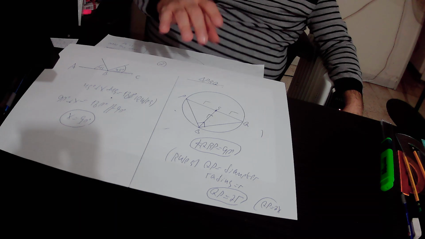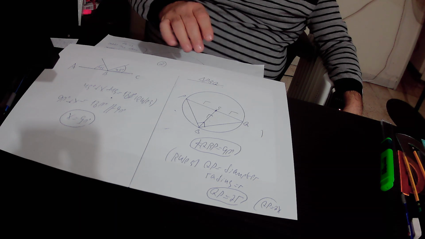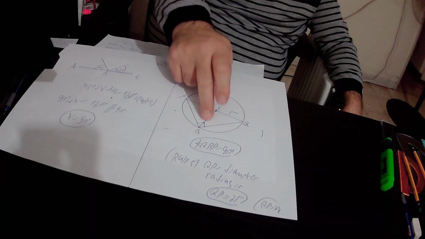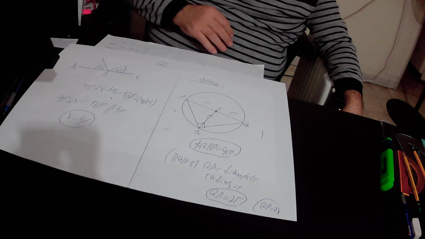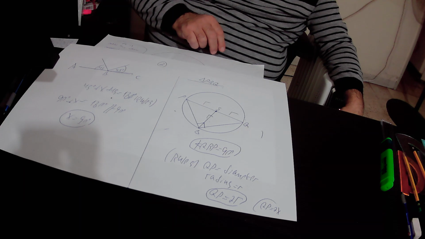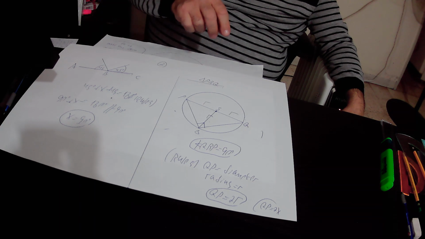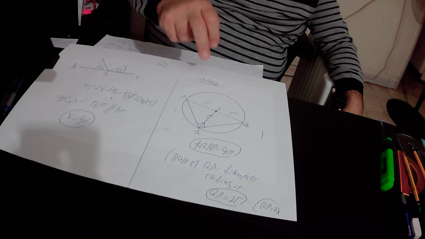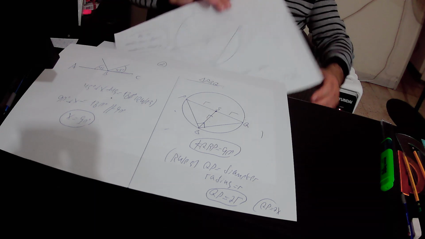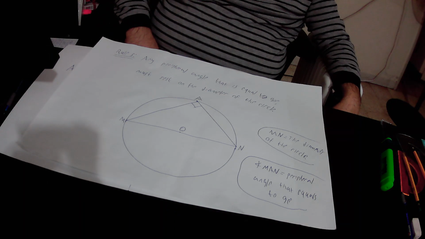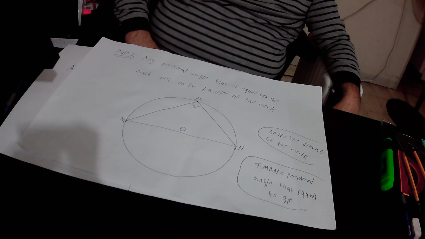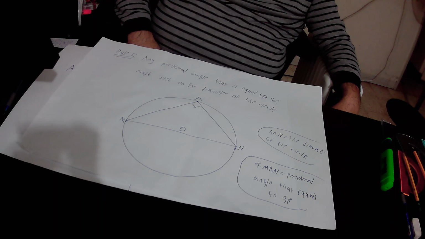So in the drawing we have the peripheral angle PBQ. This peripheral angle PBQ equals 90 degrees in size, and we have rule number 5, which is related to a peripheral angle equal to 90 degrees. According to rule number 5, any peripheral angle that is equal to 90 degrees must rest on the diameter of the circle.